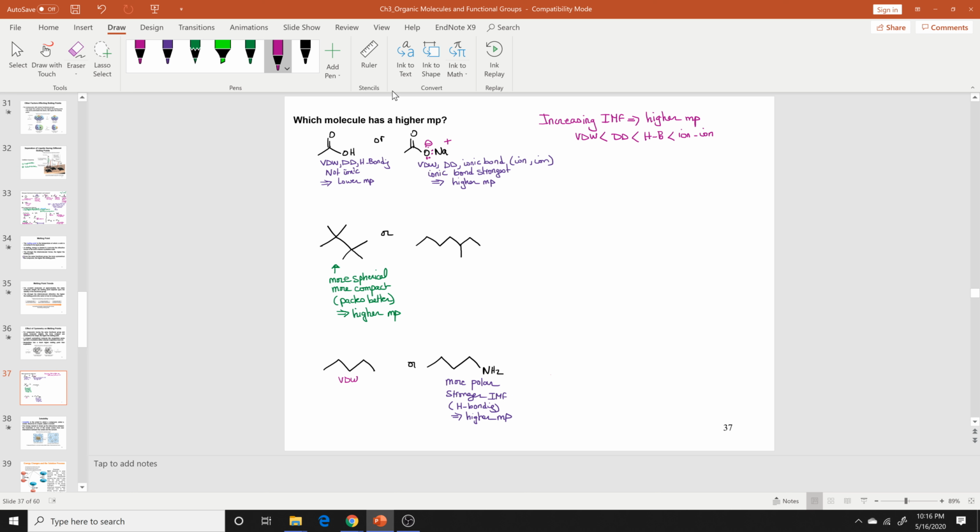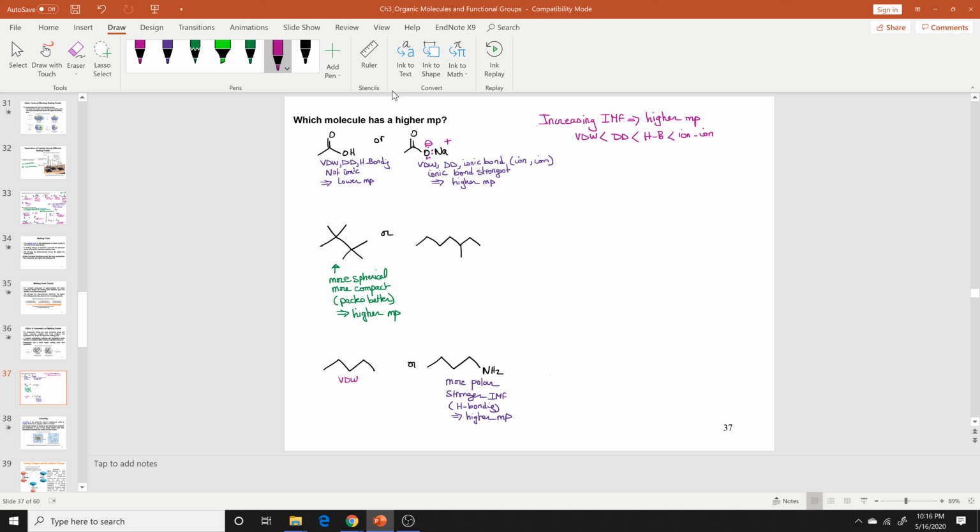Compared to the acid. The acid does have very strong intermolecular forces because it has hydrogen bonding. This structure, the ionic structure, doesn't have hydrogen bonding, but it is an ionic bond. It has an ion-ion interaction instead, which is way stronger than hydrogen bonding. The more compact the molecule is, the more spherical it is, the better it packs in the crystalline lattice, the higher is the melting point compared to this structure.